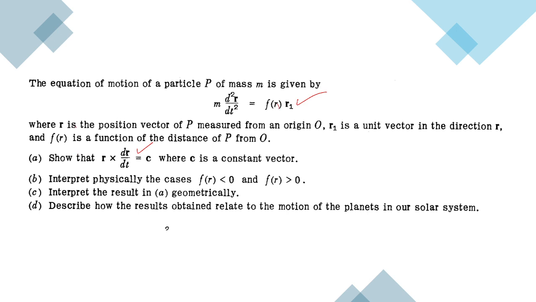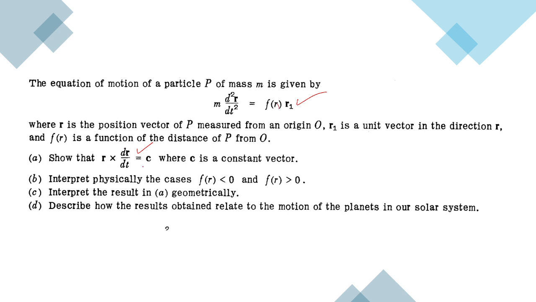Interpret physically the case when f of r is negative and when f of r is positive for this equation. When f of r is negative, what will happen to the dynamics, and when f of r is positive, what is the dynamics then? Interpret the result A geometrically.